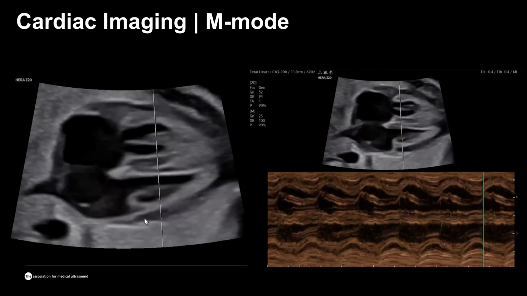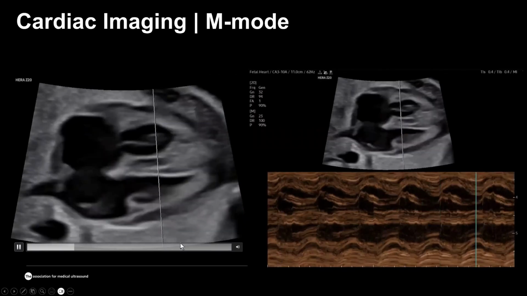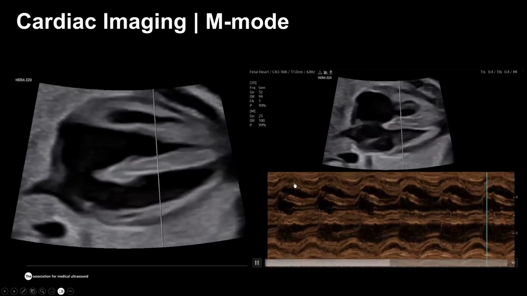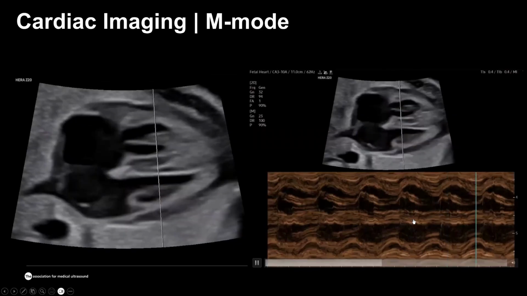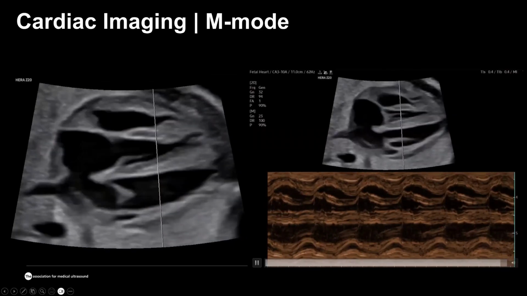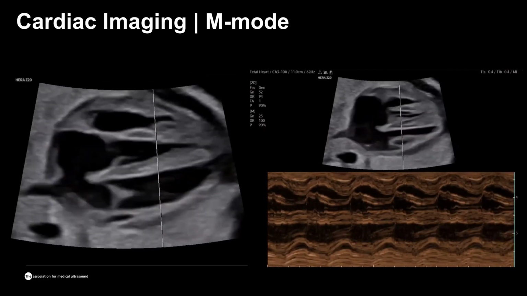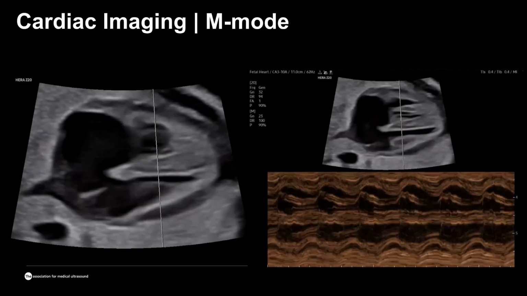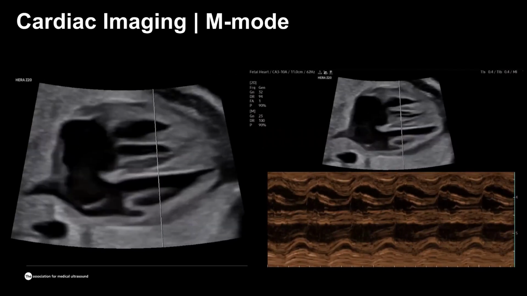This way you apply zoom and magnify the heart like that. Then you can drop the line of the M mode and you can see the nice excursion of the walls and the interventricular septum. This is the greatest picture for the measurements that can be obtained for the assessment of the size of the ventricles and the measurement of the myocardium in systole and diastole.